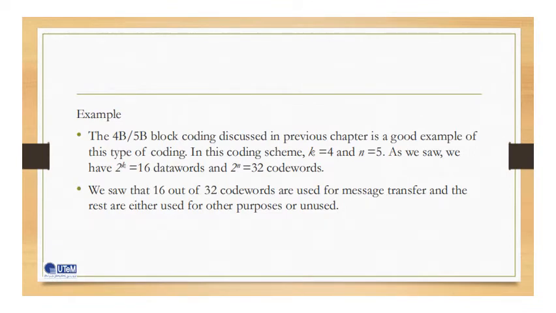Okay, and this is an example. k equal to 4, n equal to 5. So we have 2 to the power of 4, which is 16, and 2 to the power of 5, which is 32 words. If you subtract 32 minus 16, the answer is 16.